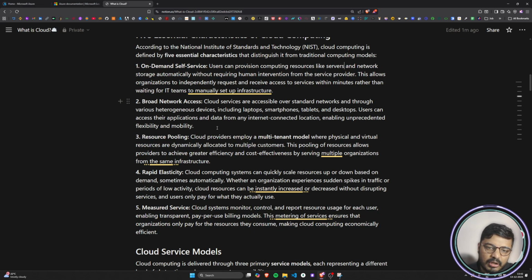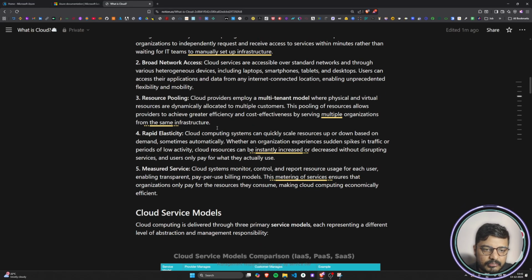Okay, so as long as your device is connected to the internet, it does not matter whether you are in India, in USA, or in any part of the world. You can access your infrastructure, your data, your servers, which enables flexibility and mobility. Then resource pooling.